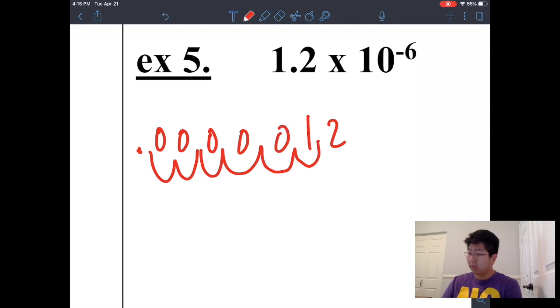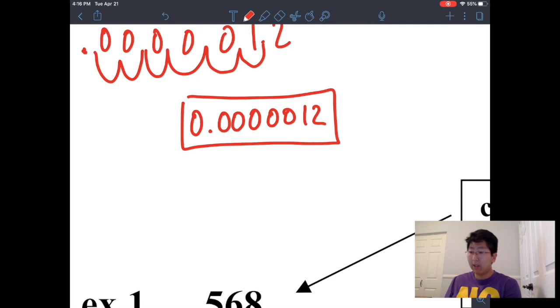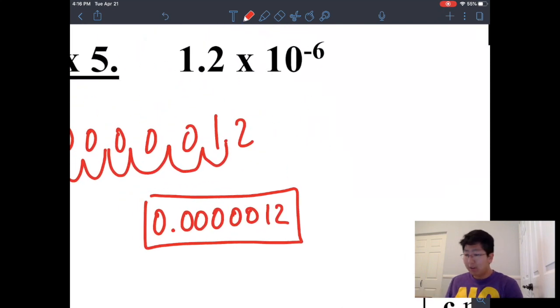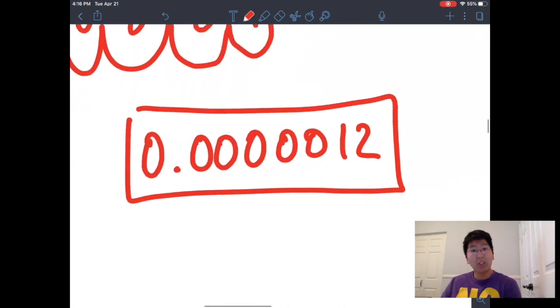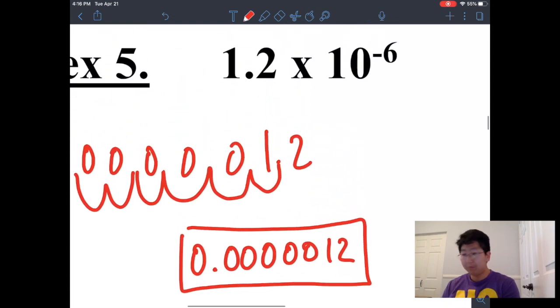So our answer here is 0.0000012. Let's just double check. 1, 2, 3, 4, 5, 6, 7. Okay. So our answer here is good. And notice that I went to the left because the exponent is a negative. And notice that this small number is very small, okay? The number didn't get bigger, it's smaller. And that's what happens when we have negative exponents.